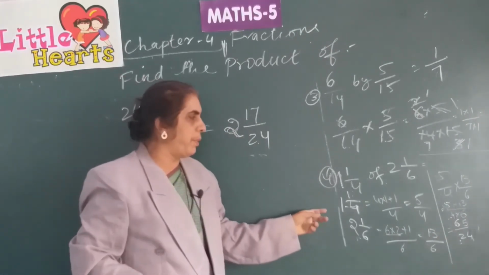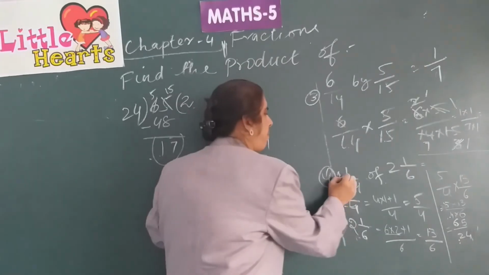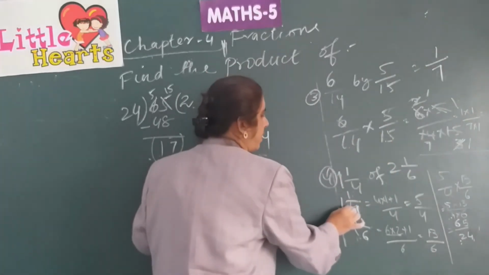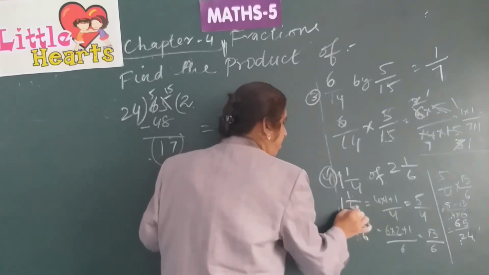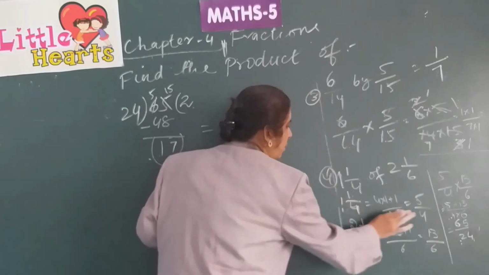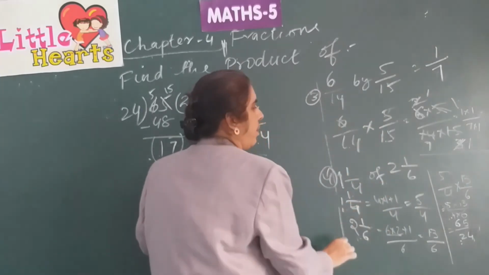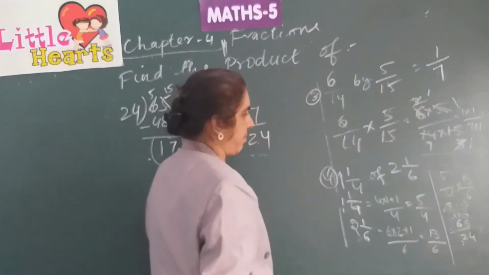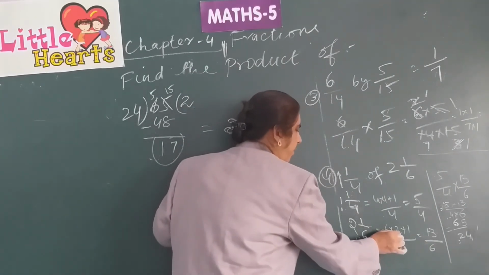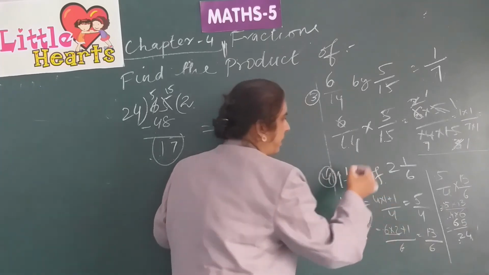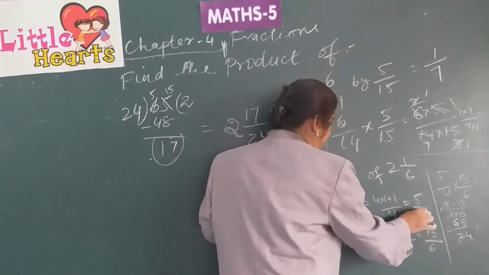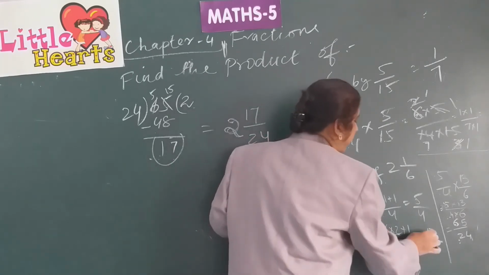Now I'll explain this once again. 1 by 4 of 2 1 by 6. 1 by 4 is equal to 4 into 1 plus 1 by 4, that is 5 by 4. The mixed fraction is changed into an improper fraction. 2 1 by 6: 6 into 2 plus 1, 6 twos are 12 plus 1, 13 by 6. Now 1 by 4 is equal to 5 by 4, and 2 1 by 6 is equal to 13 by 6.